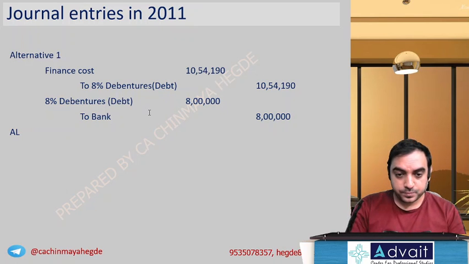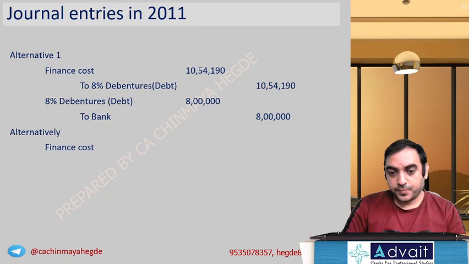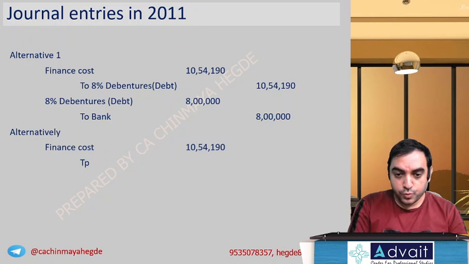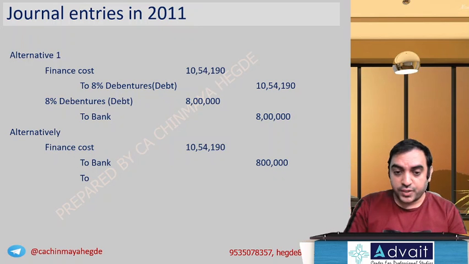Alternatively, only one entry will be passed: finance cost 10,54,190 to bank 8 lakh. That excess amount they will transfer to 8% debentures.